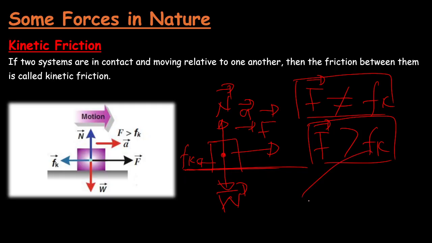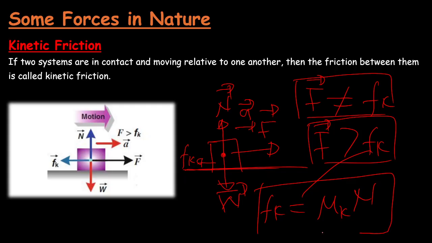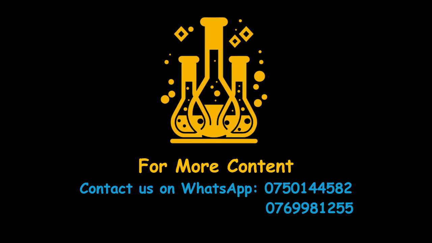Okay, but now we know what kinetic friction is from the formula of friction. Kinetic friction will be mu N. Now, since we're dealing with kinetic friction, it will be mu k, the coefficient of kinetic friction, multiplied by normal force. Okay, so this will be our formula for what? For kinetic friction. Right. We have come to the end of our video. In the next video, we are going to discuss more about force and motion. See you in the next video.